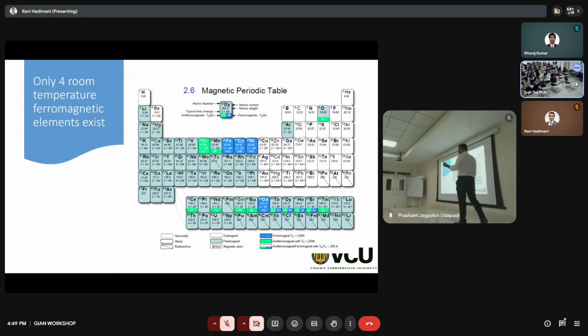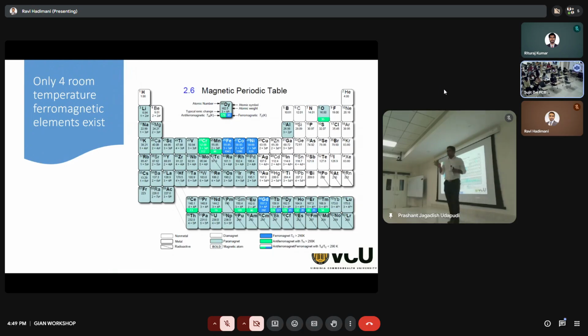Somebody said 4? So remember, ferromagnet is the highest magnetic material, right? So there is iron. Chromium is not a ferromagnet. It's an antiferromagnet, meaning it's similar to a paramagnet. I wouldn't consider this a ferromagnet.